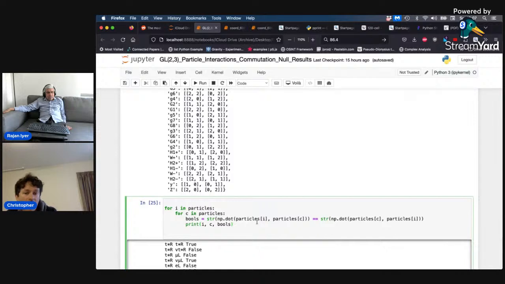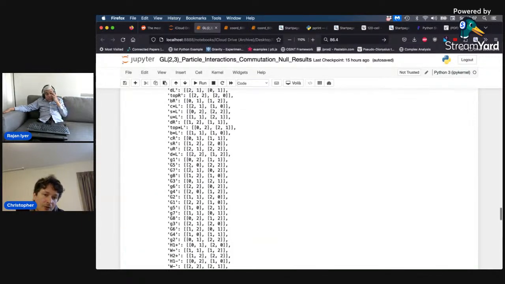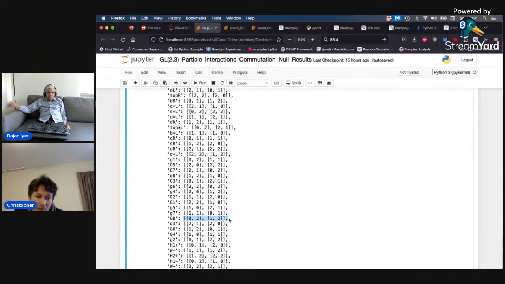And if the result is the same, then supposedly, so let's say if we were to multiply G8, the 8 gluon here, with this G8, if they come out as the same, no matter which order we do that dot product in, then we say they commute. But if they aren't the same, then they don't. Well, we know they don't commute, but they don't interact, is my point. So they don't commute, they don't interact. They do commute, they interact.